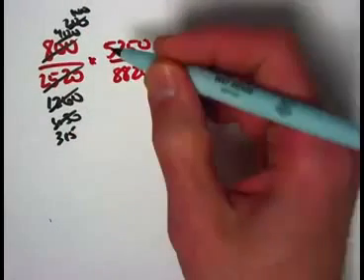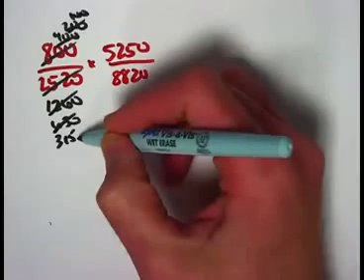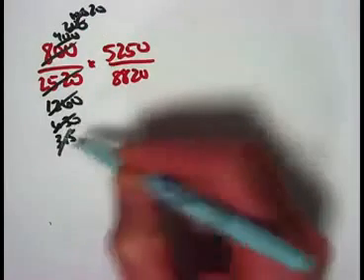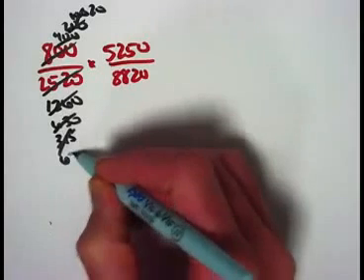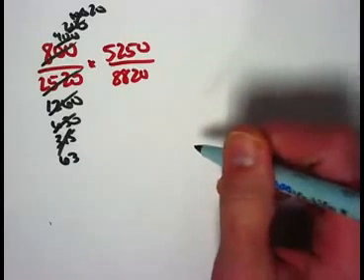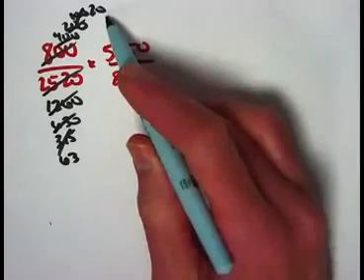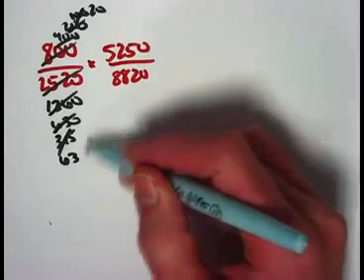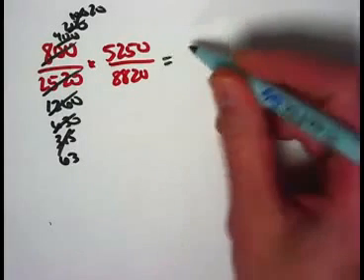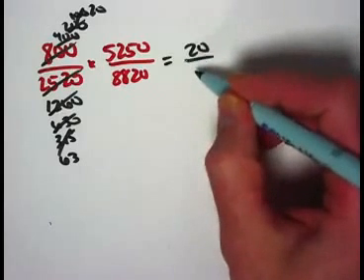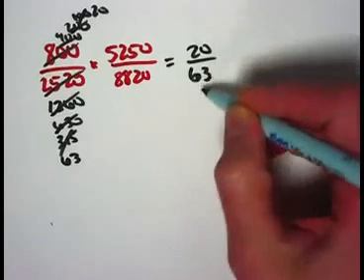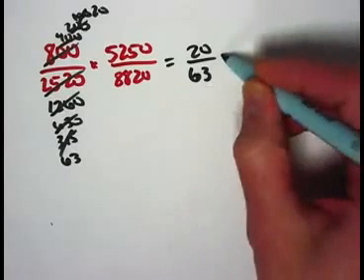Now I have to divide by 5, because that's no longer even. 5 goes into 100 20 times, into 315, and we saw it goes 63 times. And let's see. 20 is 2 times 2 times 5, 63 is 3 times 3 times 7. Those no longer have any common factors. That first fraction can be reduced to an equivalent form, 20 over 63, and can't be reduced any further.